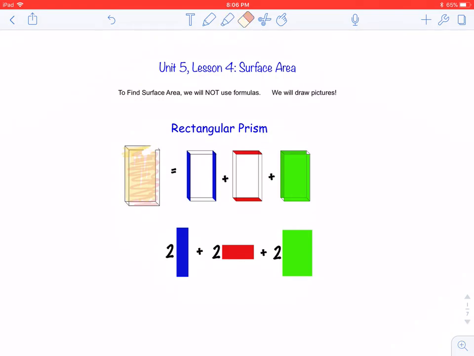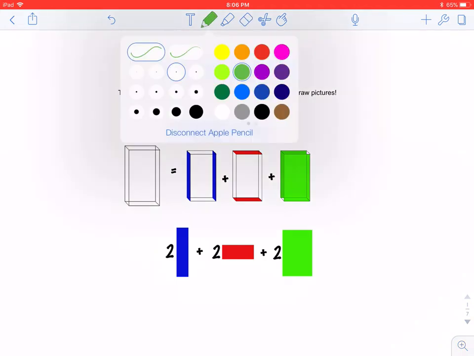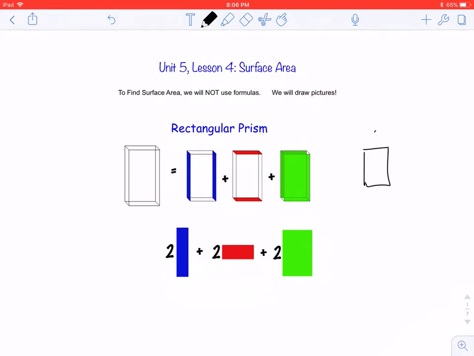I'm not going to give you any sort of long, complicated formulas. We just have to visualize it as the separate faces, as we call them. A face, if you think about this cube, is one of the sides like this.